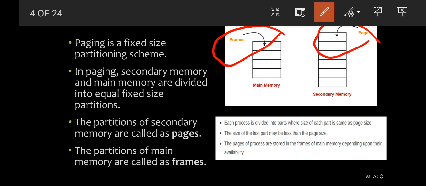Each process is divided into parts, where the size of each part is the same as the page size. The size of the last part may be less than the page size. The pages of a process are stored in the frames of main memory depending upon their availability. Don't forget the partitions of your secondary memory and the partitions of your main memory.